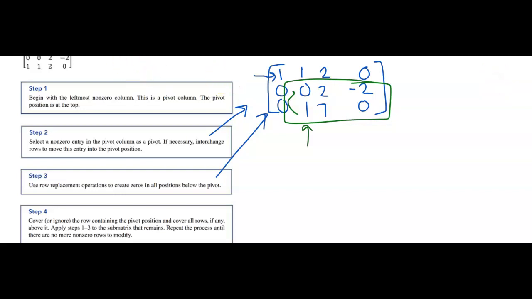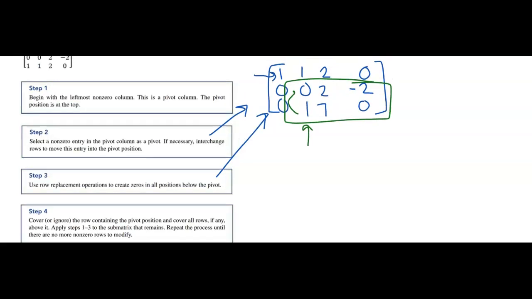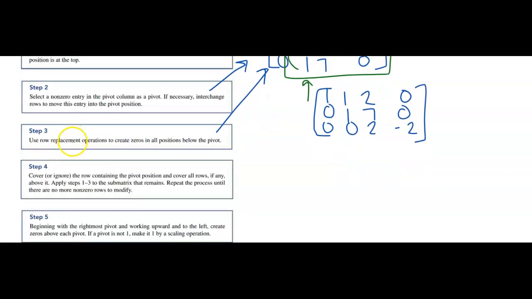Okay, so this one is good. I then have 0, 1, 7, 0, 0, 0, 2, -2. Now, beginning with the rightmost pivot and working upward, create zeros above each pivot.